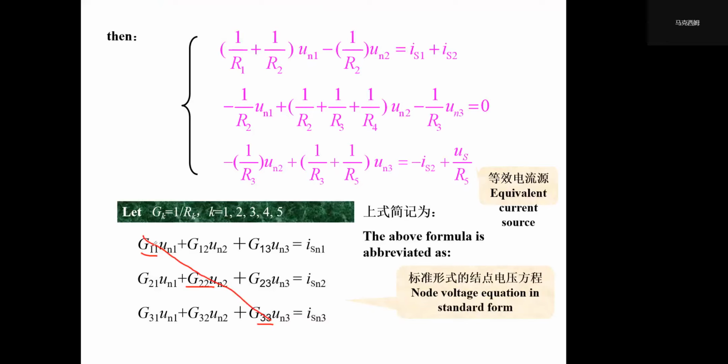You see that G11, G22, G33 are the diagonal coefficients of this matrix. So we see the diagonal coefficient is called the self-conductance of each junction.